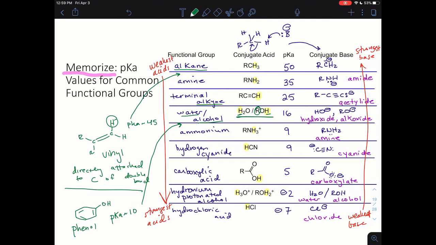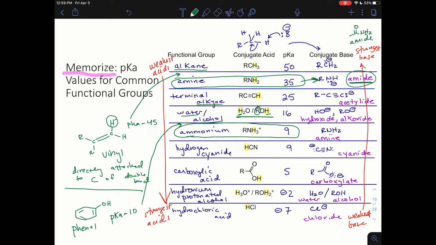Another thing for me to point out is ammonium has a pKa of 9, and it is much different than ammonia. So amines or ammonia have a pKa of 35 because they're forming charged species. Here's an amide, not to be confused with the carbonyl containing functional group amide. This is amide. Yeah, it's super confusing.